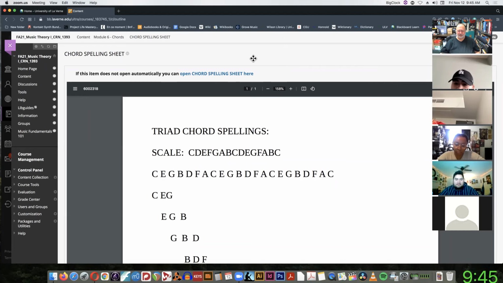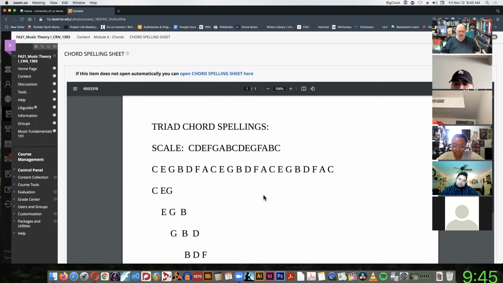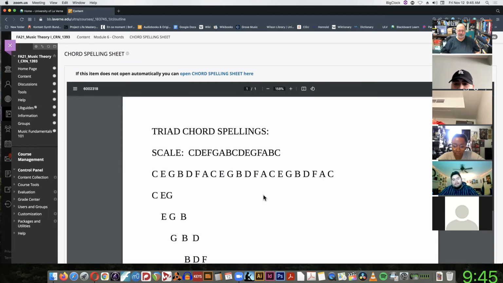All right, so here we got E, C, E, G, E, G, B, G, B, D, G, B, you know, B, D, F, F, A, C. Okay, so now that extends to the seventh chords too, doesn't it? So a seventh chord is going to be a four-part chord: C, E, G, B, right? E, G, B, D, right? G, B, D, F. B, D, F, A. How about orange?